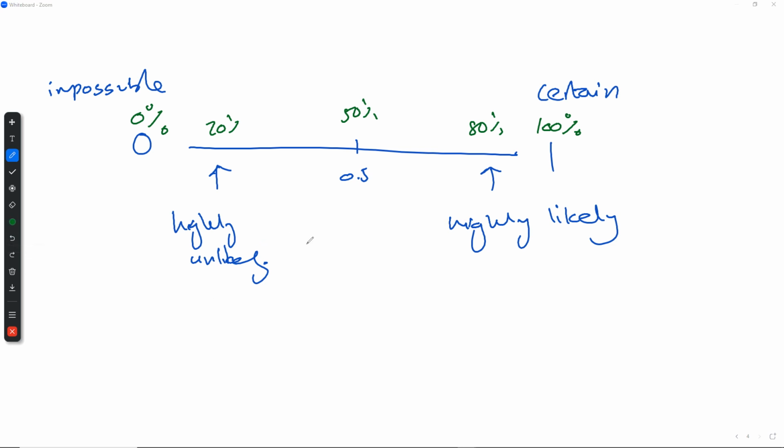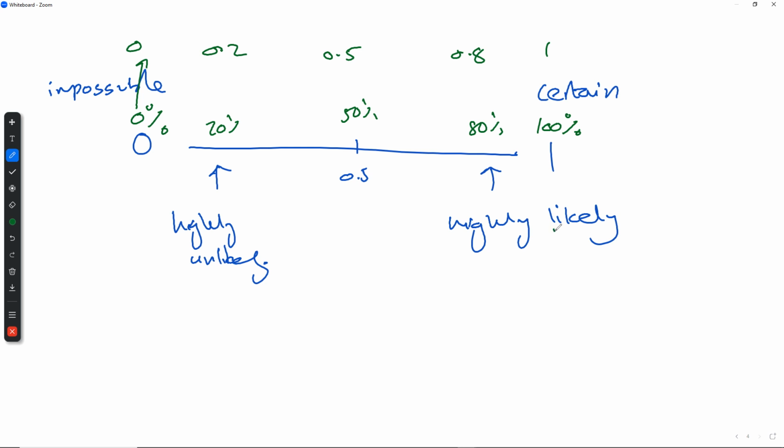So they can also be written as decimals. I mean, this can be 0, 0.2, 0.5, 0.8, and 1. A probability of 0.2 means very little, so highly unlikely. And a probability of 0.8 means highly likely.